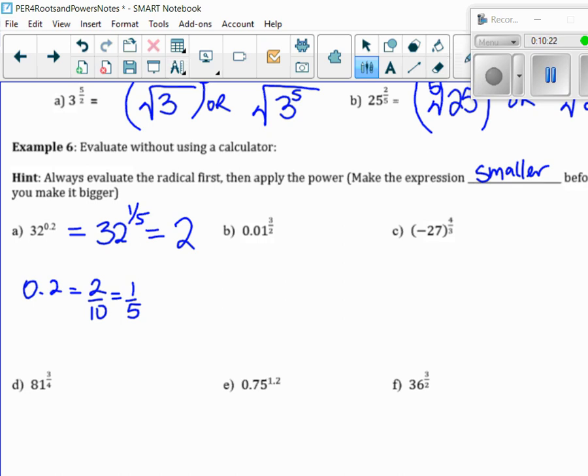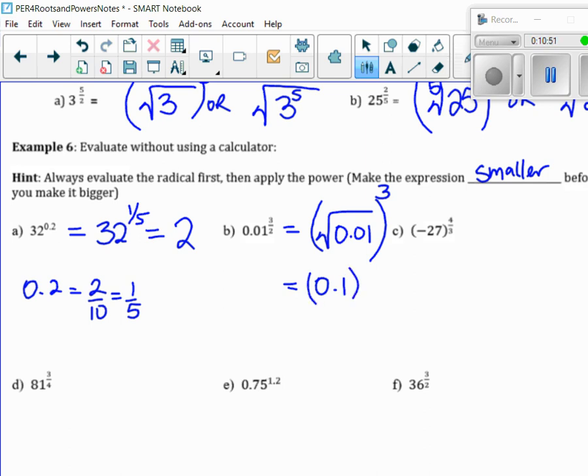Okay, so now we have not a 1 on top this time. Now it's a 3 on top. So remember we said we want to square root 0.01 first, then we're going to do it to the power 3. Always do the radical first, then make it bigger. So what is the square root of 0.01? 0.1, yes?